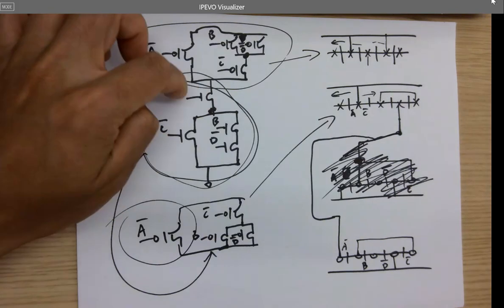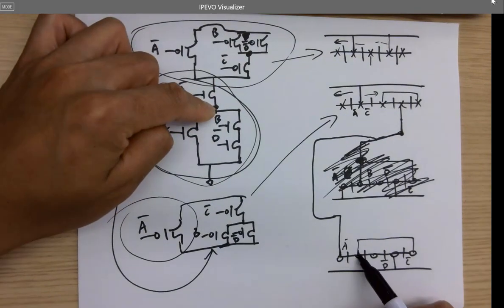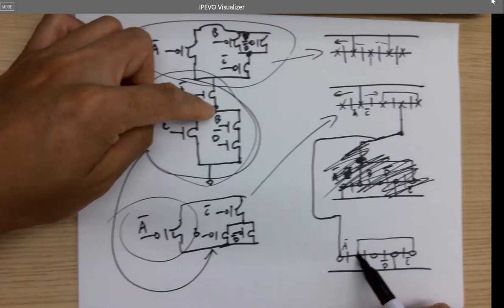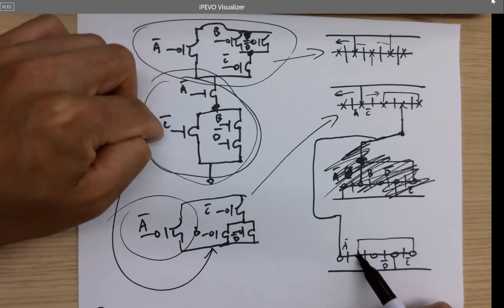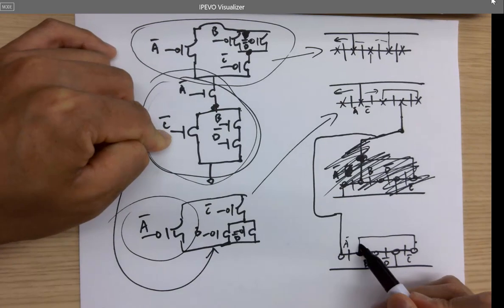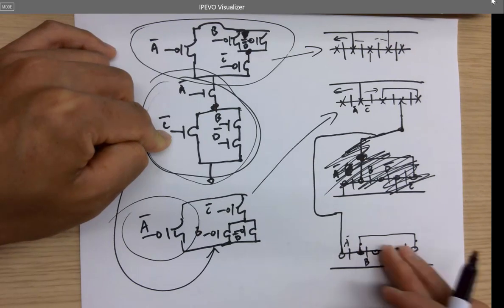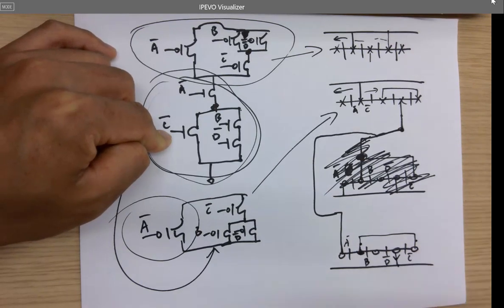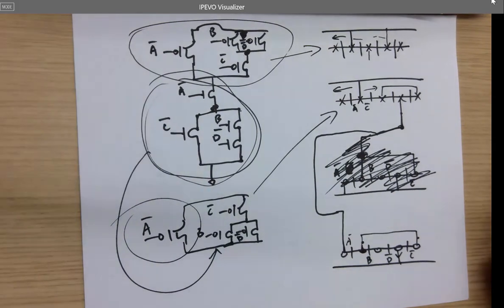So this node, which is the output from A naught, the drain of A naught, is shorted to the source of A naught, which is shorted to the drain of C naught and B. C and B, okay? And then they're in parallel, right? And merge into one and flow to the ground. Make sense? Is that correct?